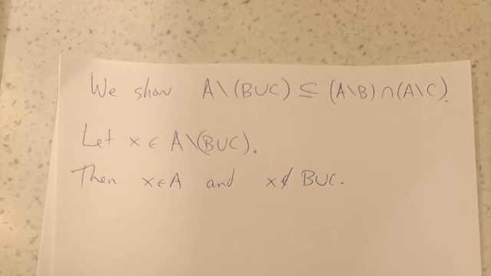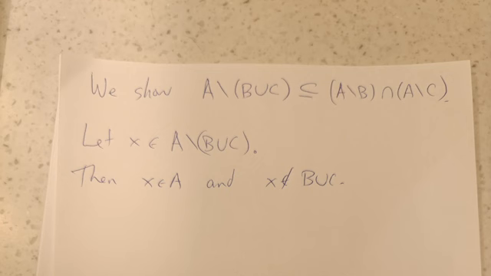So always in a subset proof, you want to start by letting X be some element of the left-hand side, or the smaller of the two sets, or the thing that you want to show is a subset of the other one. And then we want to interpret this. What does it mean for X to be an element of A set difference B union C?